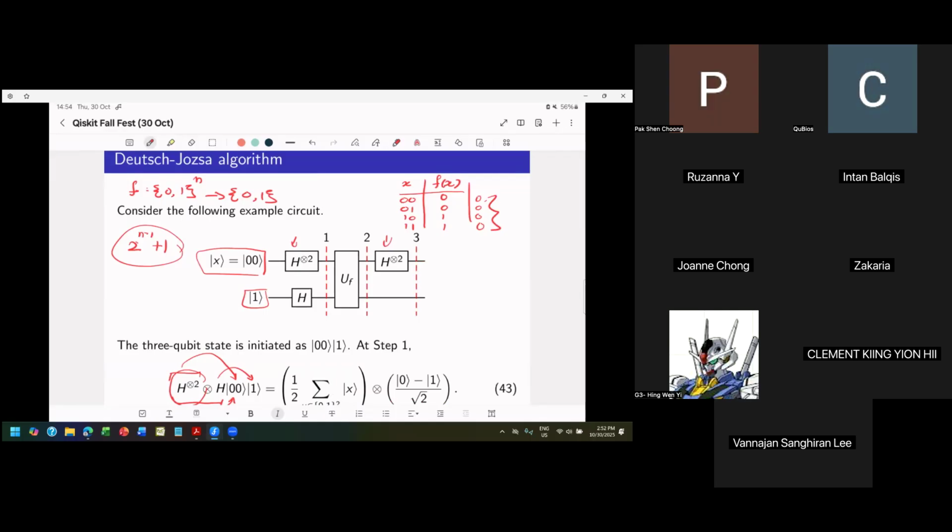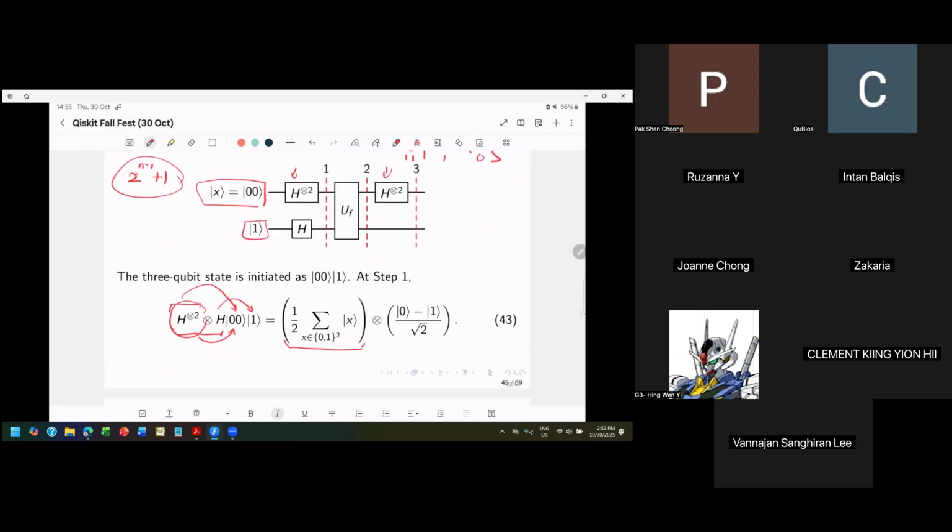This is quite common even for the later quantum algorithms. So this part is the state preparation. And then the Hadamard gate acting on the ancillary state gives you the minus state, which you can expand into that. So that is your first step.